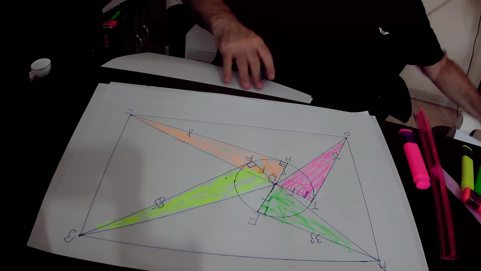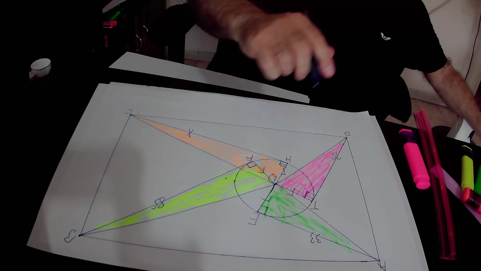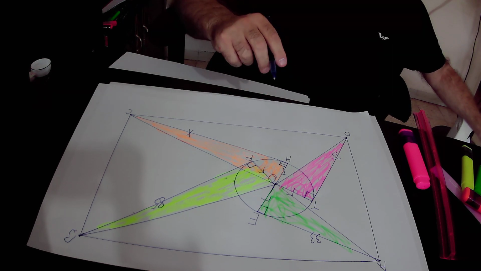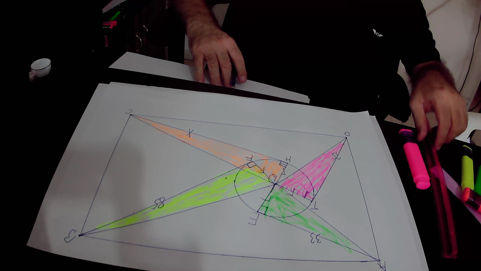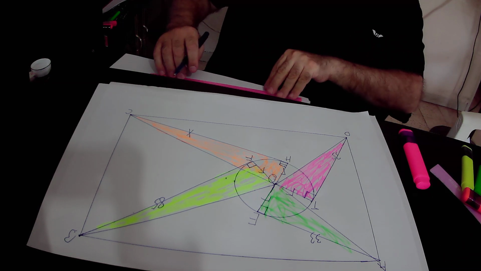In the next step, I'll copy rectangle ABCD with its circle inside to a new page, and we'll analyze the rectangle with its circle.